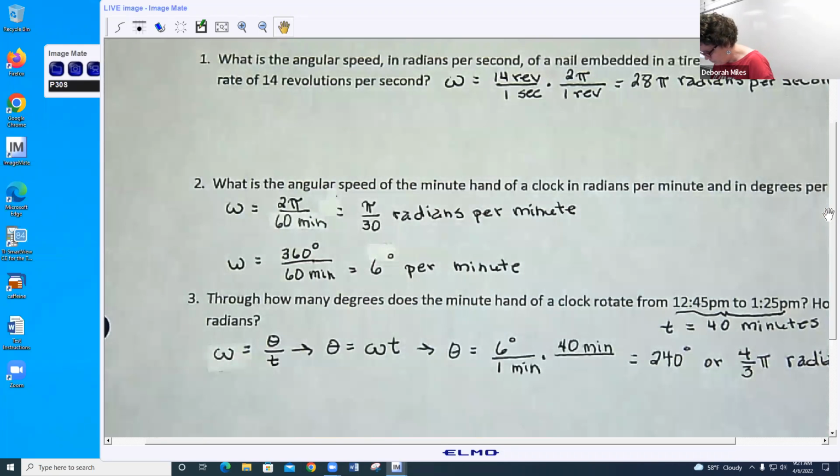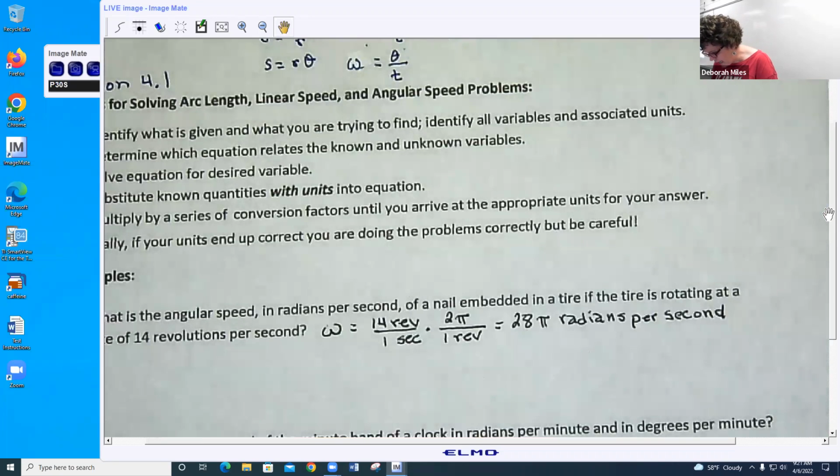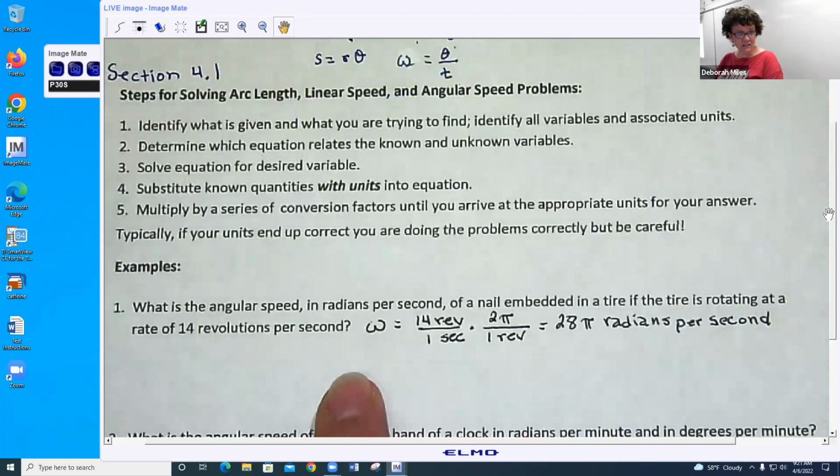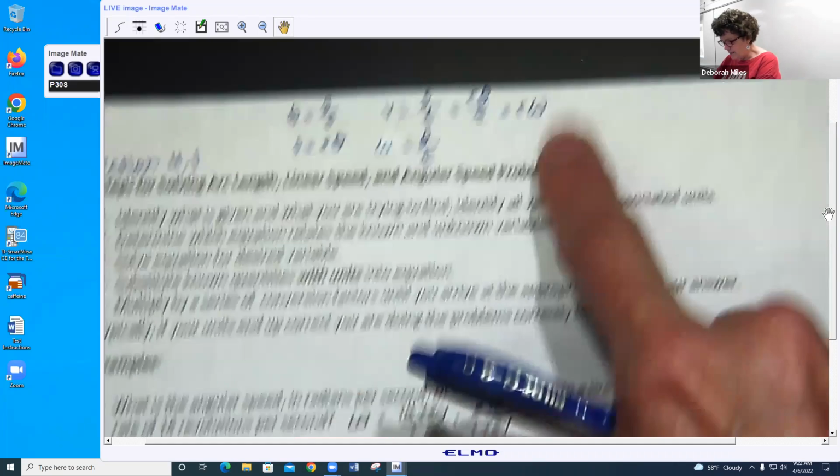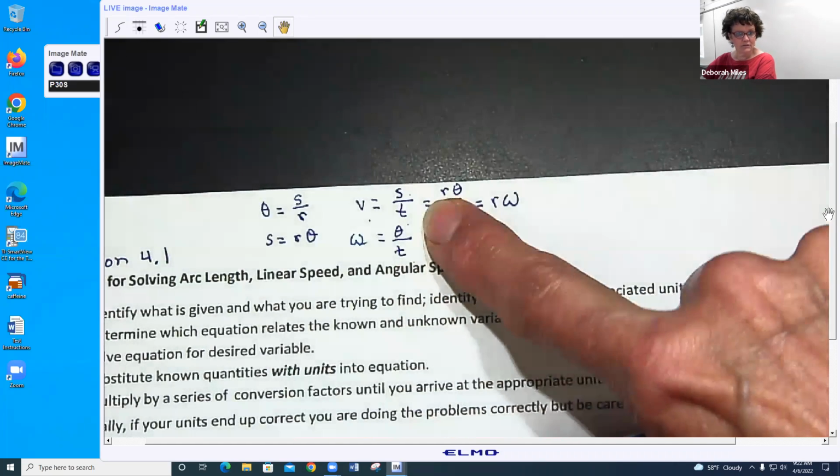So the one that's looking for angular velocity is a lot like this. You have a nail embedded in a tire. A tire is rotating at 14 revolutions per second. You want the angular speed. Well, the symbol for angular speed is omega. And omega is an angle divided by time.